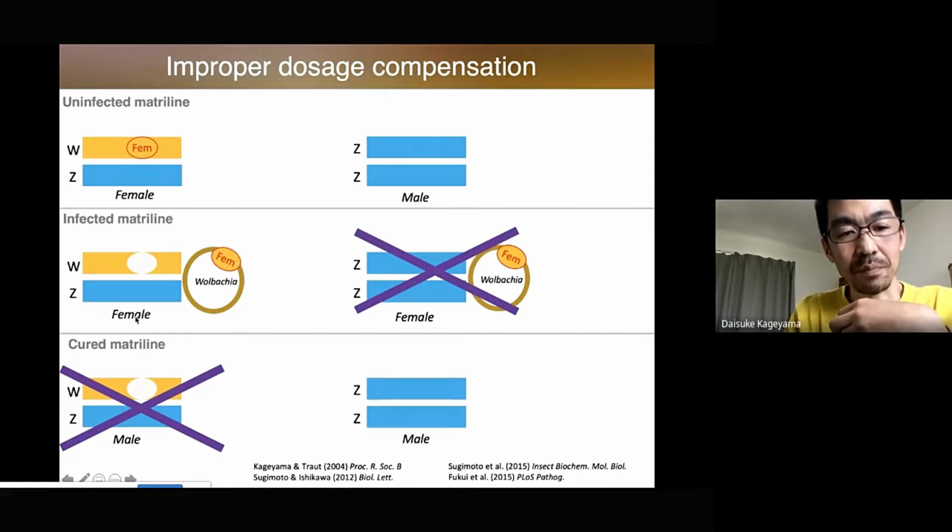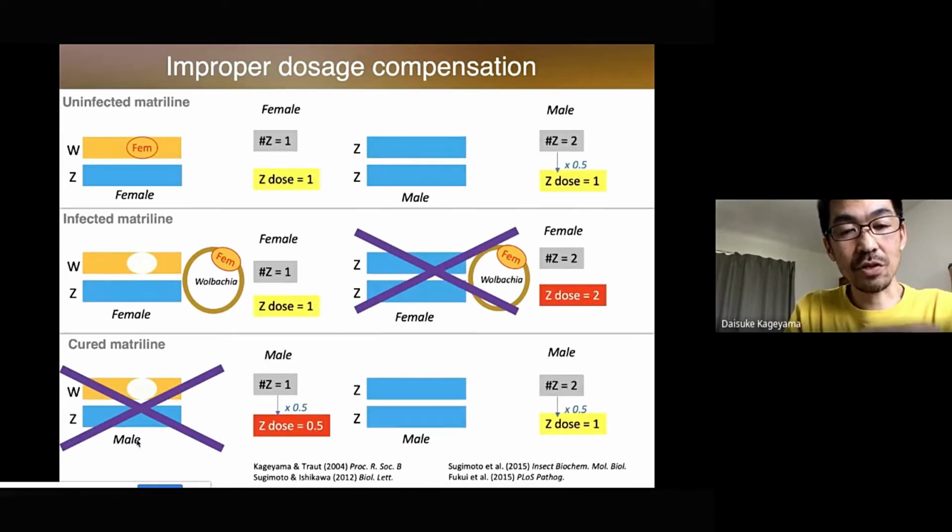But in the cured line, they cannot be determined as females, and they become males, and they cannot survive because of dosage compensation. Dosage compensation is a mechanism to balance the Z-linked gene dose.